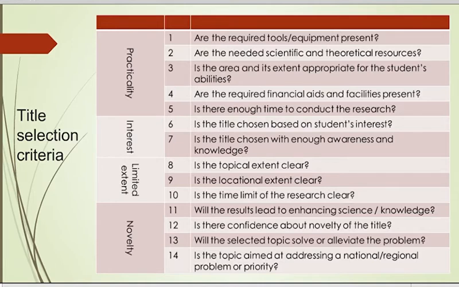Okay, number 3. Is the area and its extent appropriate for the student's abilities? So this is very important actually. When you choose to work in an area, say quantum computing, which is very turbulent and a very challenging area, a student who doesn't have any knowledge about quantum computing and has not worked in that area may not be a good choice.